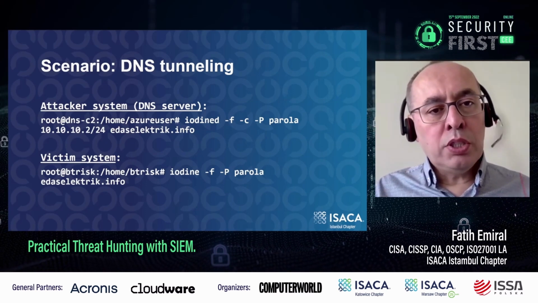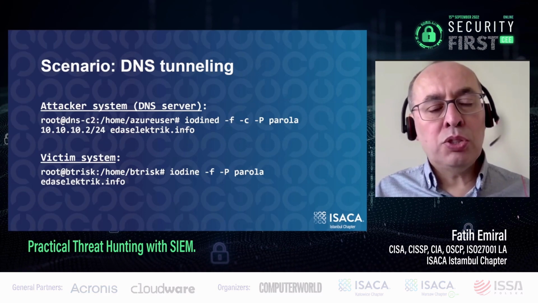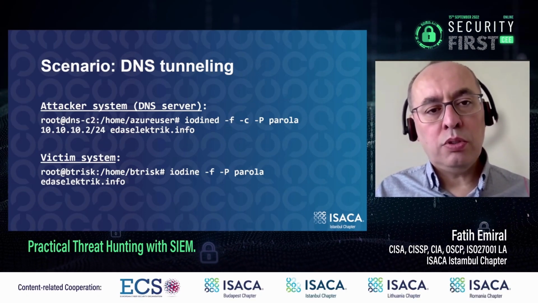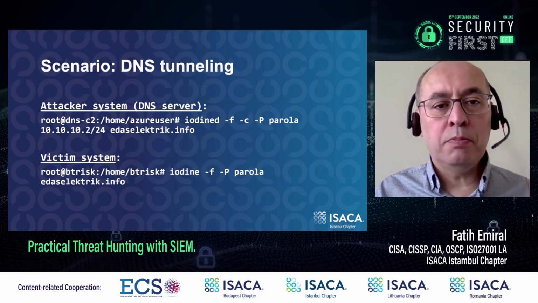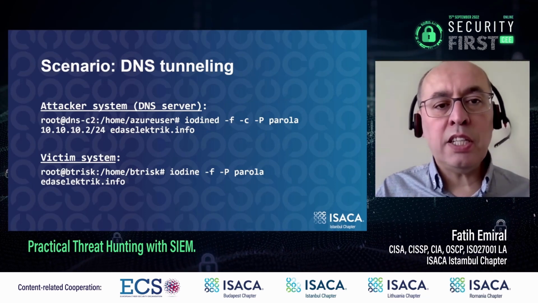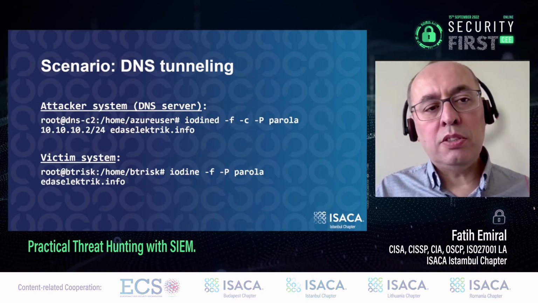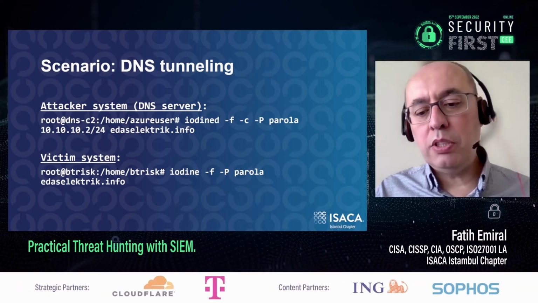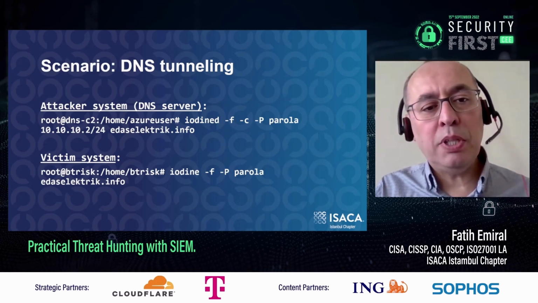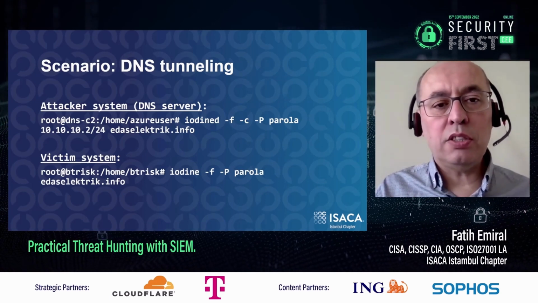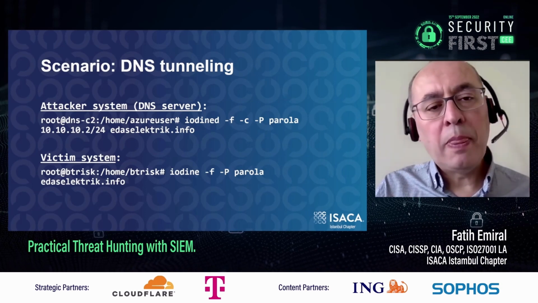I'm not going to go into much detail because it's somewhat complicated to implement this kind of tunneling attack, but I will mention the key things throughout the presentation pages to at least give you some idea about how this kind of an attack can take place.